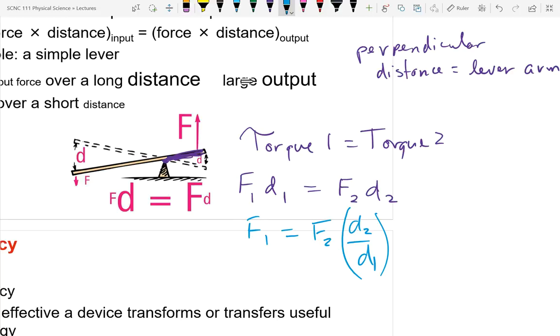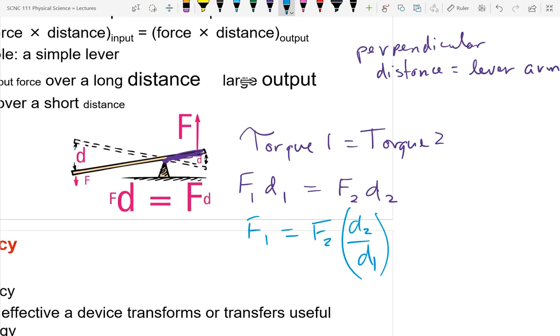So if this distance is longer, I'm dividing by a bigger number, so the force I put in is smaller than the force I'm lifting. And that leads to the famous, I can't remember which ancient Greek said this, but the famous quote of, give me a lever long enough and an appropriate fulcrum, that is an appropriate thing that I can put it against, and I'll move the world.